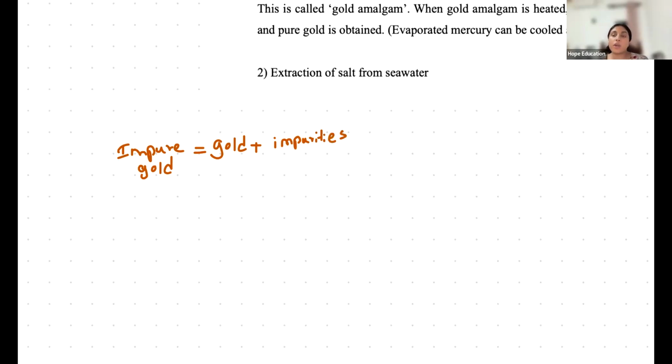Now, I have a question. Is mercury a metal, a non-metal, or a metalloid? Mercury. Is it a metal, non-metal, or a metalloid? Quick answer, please.